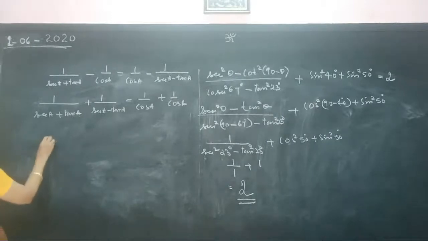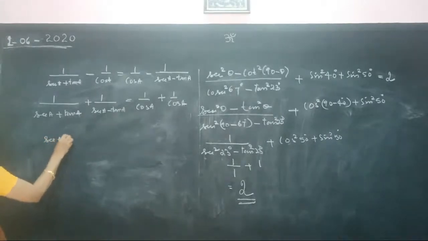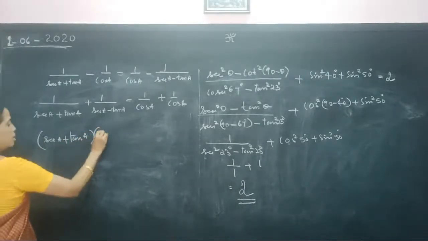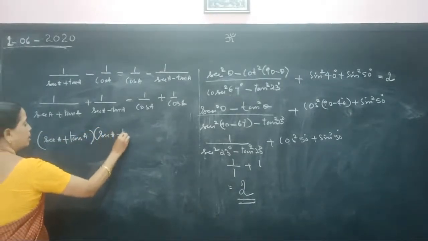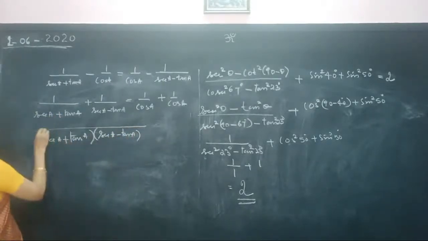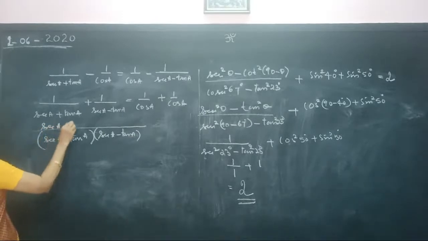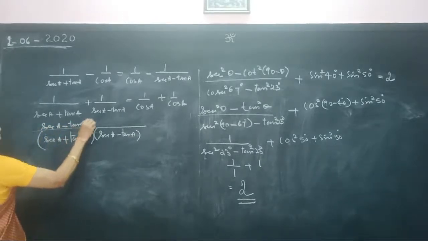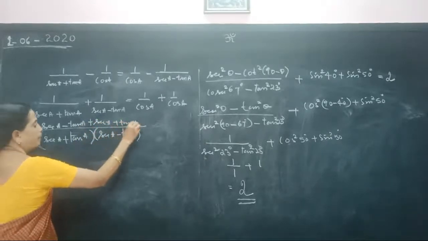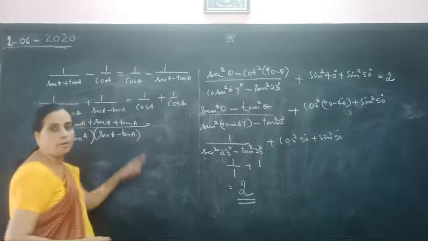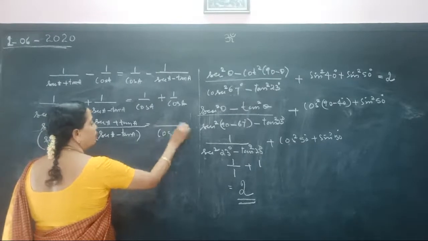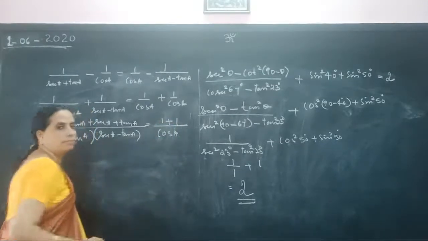Now taking LCM, secant A plus tan A into secant A minus tan A, you will get secant A minus tan A plus secant A plus tan A equals, here you have denominator cos A, numerator we can write 1 plus 1.